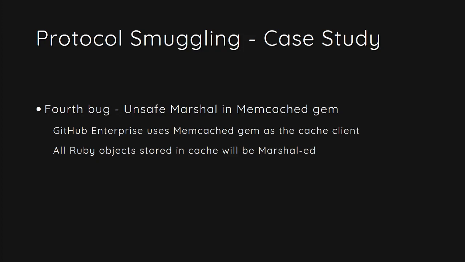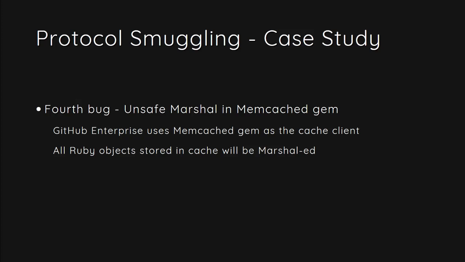However, the next problem is, what protocol did I choose to smuggle? I spent lots of time to find out what vulnerabilities can be triggered if I can control the Redis or Memcache.